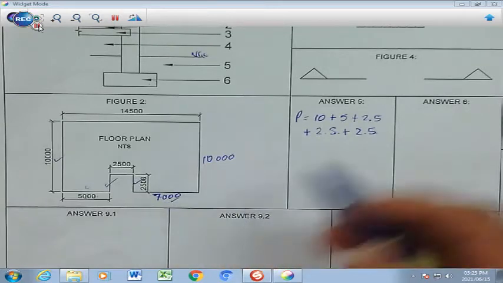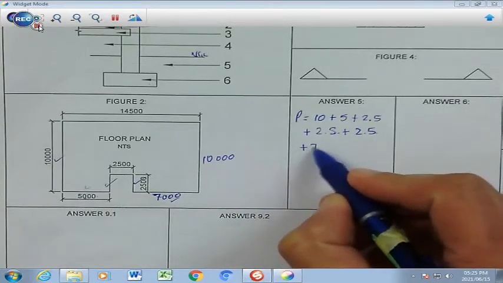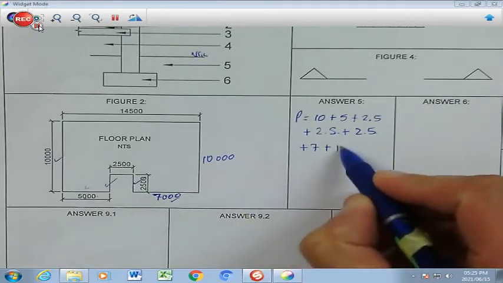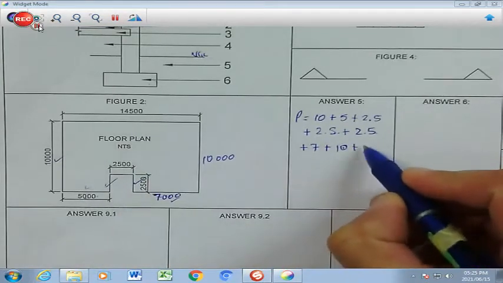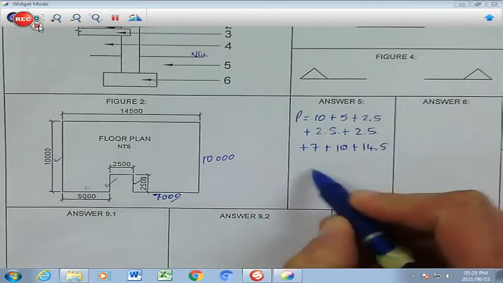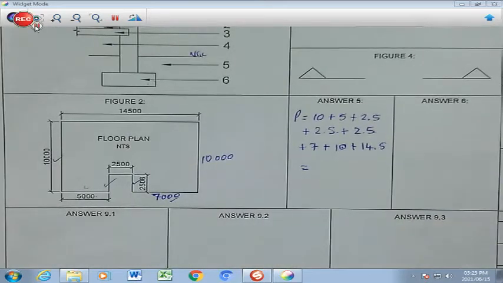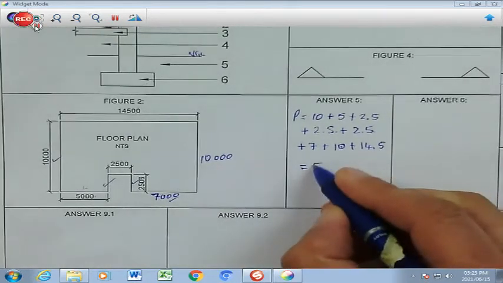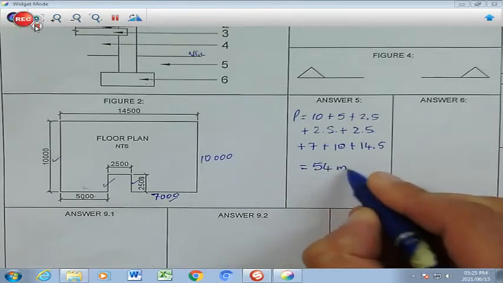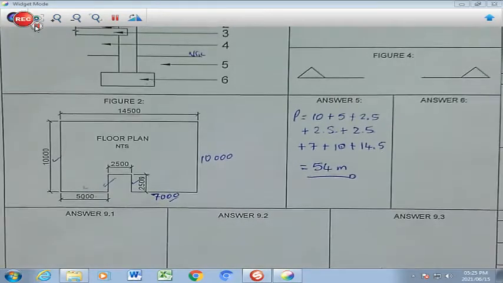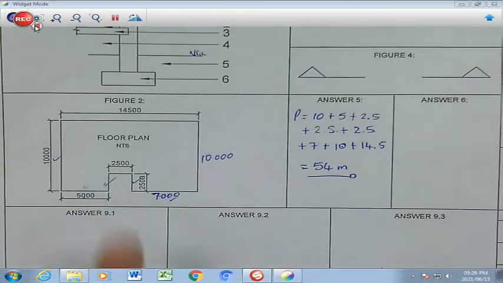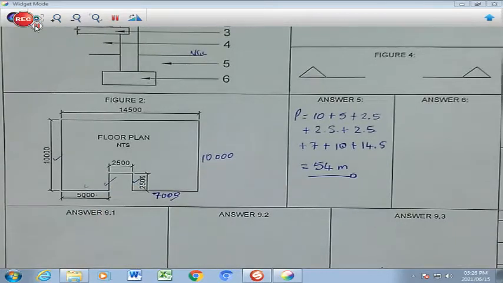So we're going to continue with the 7 meters plus 7 plus the 10 meters over here, and we're going to end off with 14.5 meters. So if you add up all of those, learners, it will amount to 54 meters, and that's going to be your answer of the perimeter of this figure 2 floor plan.